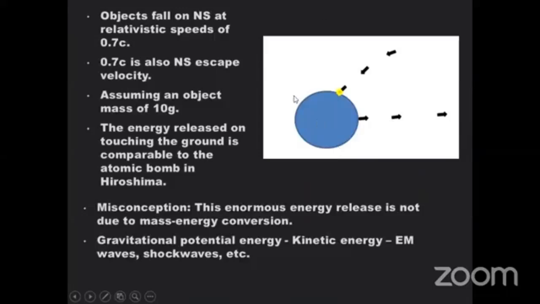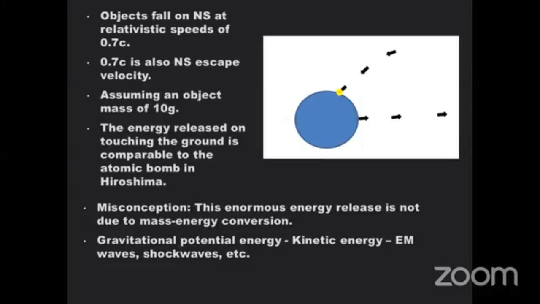So how about throwing something on neutron stars? So this is an object, okay? You throw this object far away, not too far away, but just some distance away from the neutron star. As this object falls, by the time it reaches the surface of the neutron star, it would have attained a final velocity of about 70% the speed of light.